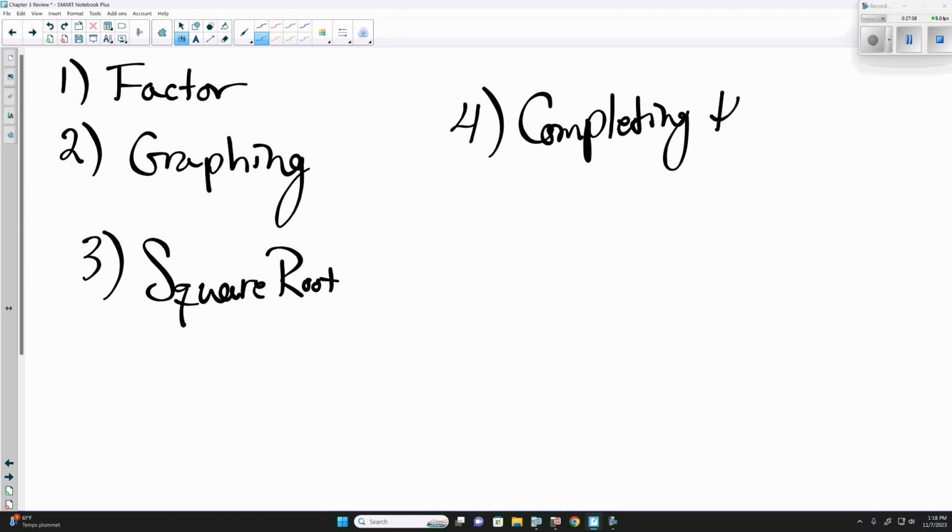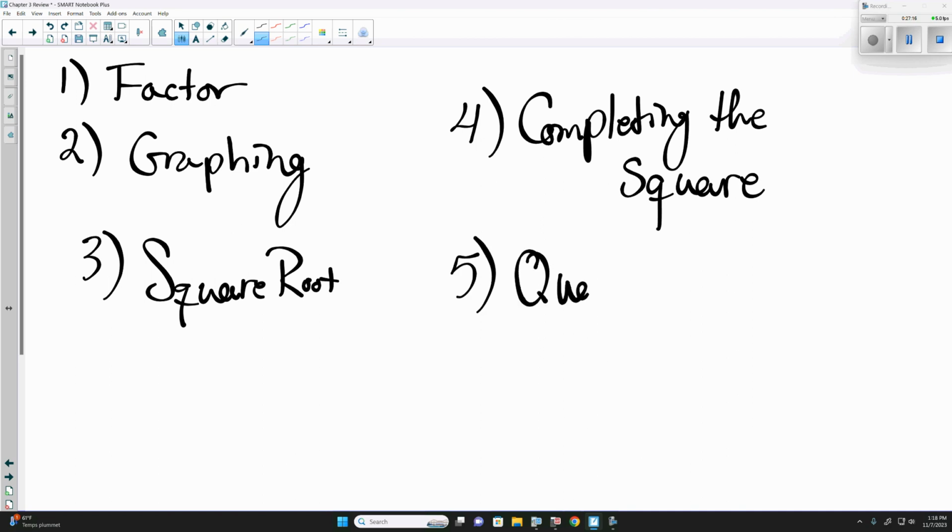The first method that worked every time was completing the square. And the last method that we had was the quadratic formula. So we had any of these 5 methods to solve.